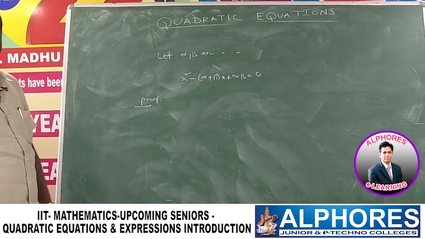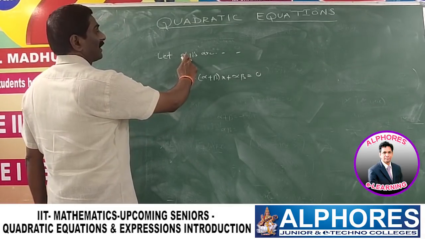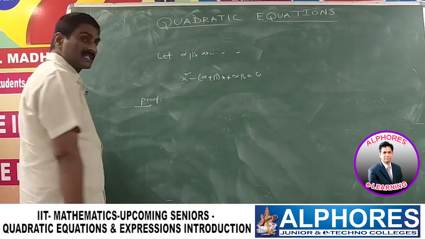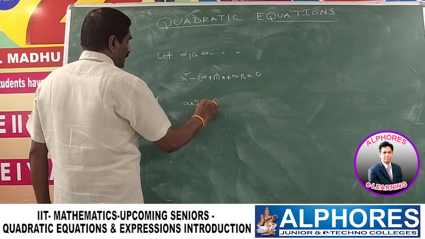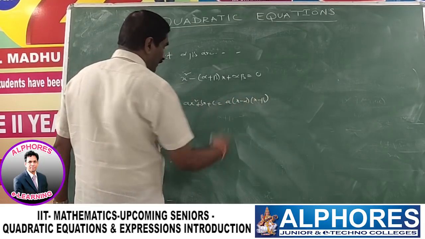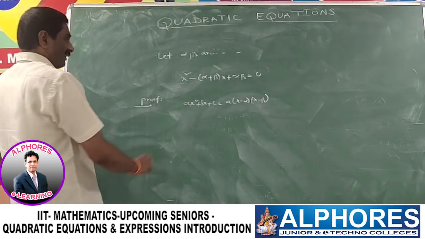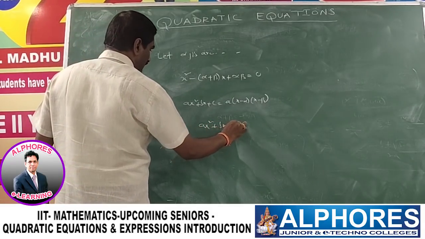Proof. Already we proved that if alpha, beta are the roots of the equation ax square plus bx plus c, then ax square plus bx plus c is equal to a of x minus alpha into x minus beta. Now the required quadratic equation is ax square plus bx plus c is equal to 0.